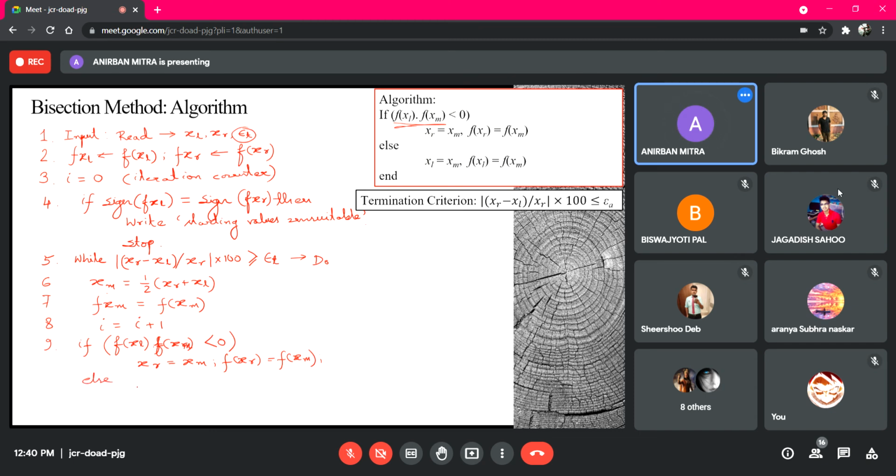Else, XL goes to XM and f of XL goes to f of XM.